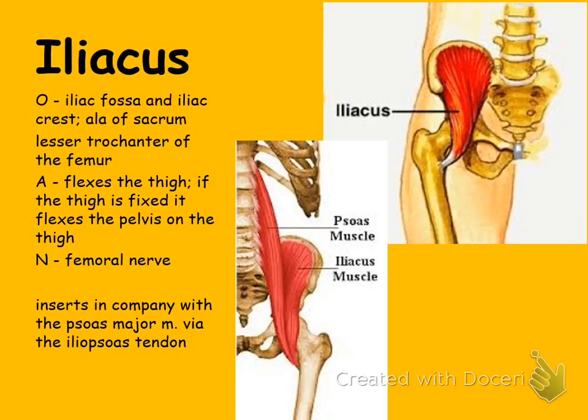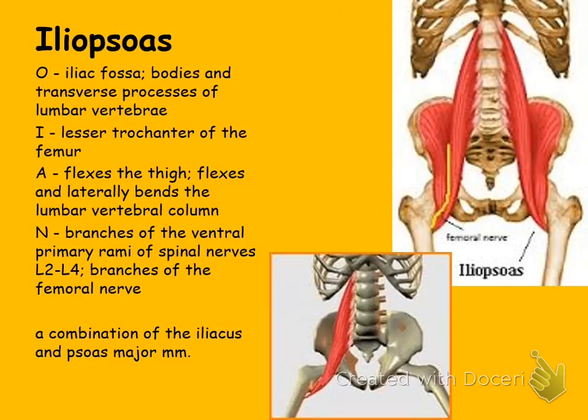So it all comes off that same tendon that goes into the lesser trochanter. All called the iliopsoas muscle, all running from the same areas down. They're a combination, the iliacus and the psoas major muscles, all flowing together and ending up on the same insertion.